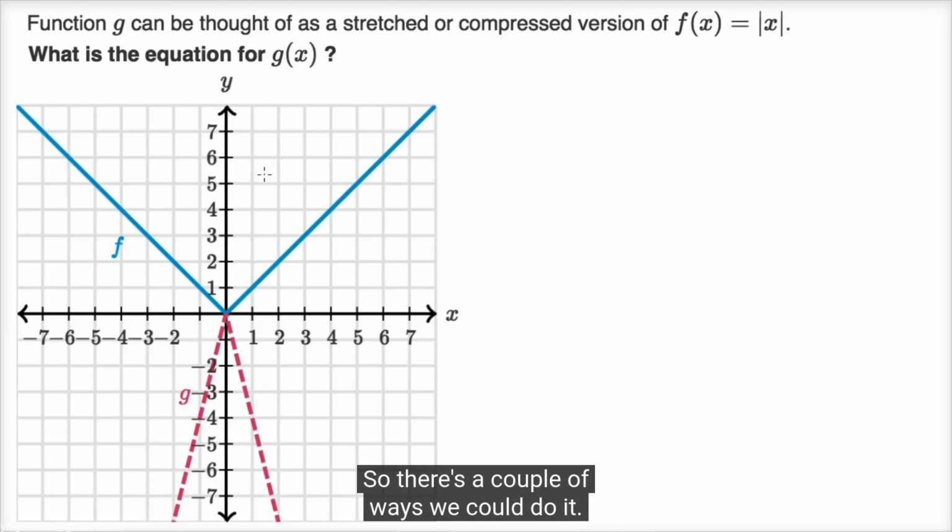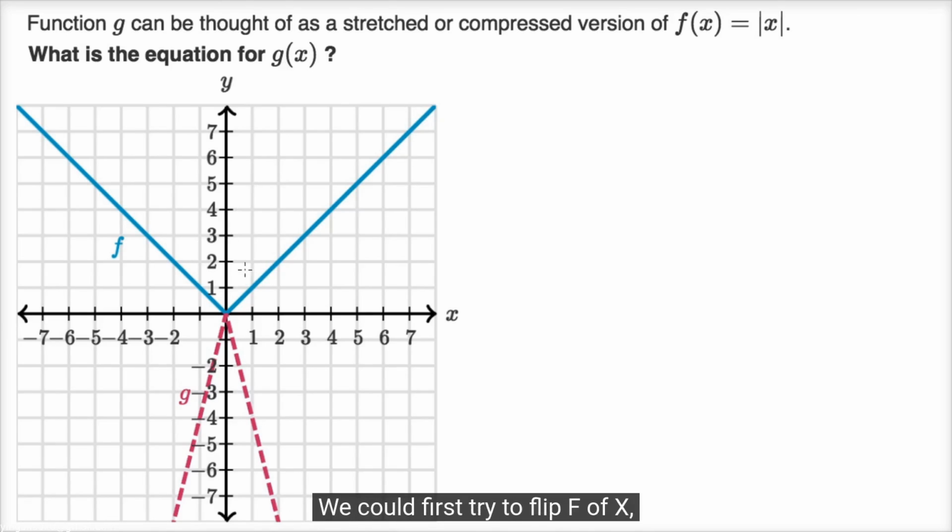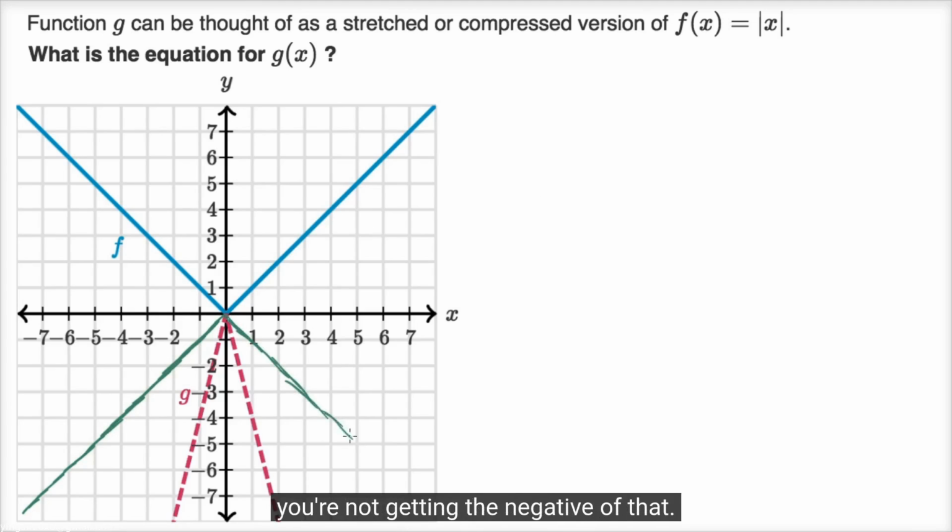So there's a couple of ways we could do it. We could first try to flip f of x and then try to stretch or compress it, or we could stretch or compress it first and then try to flip it. Let's flip it first. So let's say that we have a function that looks like this. It's exactly what f of x is, but flipped over the x-axis. So for any given x, whatever y you used to get, you're now getting the negative of that.